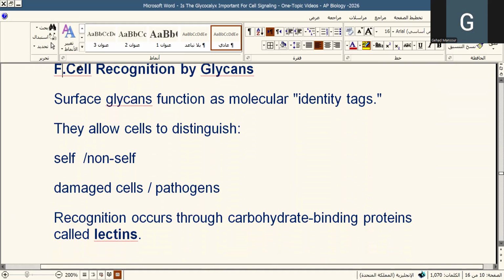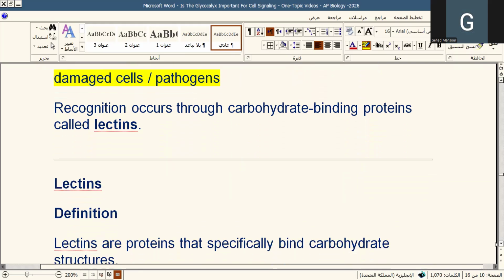Now, the glycans also help recognition of the cells because those carbohydrate branches on top of the proteins look like identity tags. As we've just talked about sialic acid, they help to distinguish self cells from non-self cells and damaged cells from pathogens.